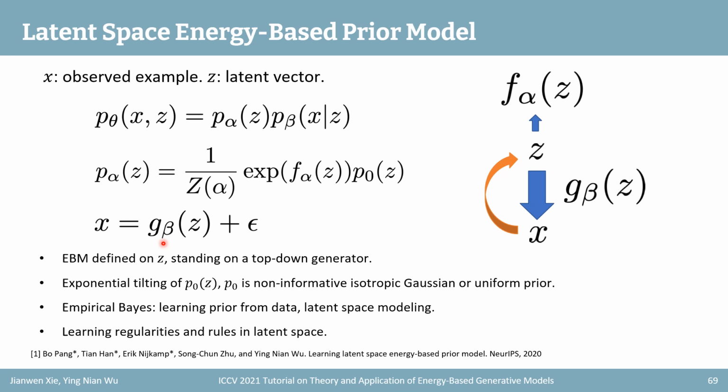So this actually follows the so-called empirical Bayes principle, where we can also learn the prior distribution from the data empirically. And because this Z is low dimensional, this f_alpha that defines the energy-based model can be a very small network, and yet it can lead to significant improvement in the model over the original generator model.